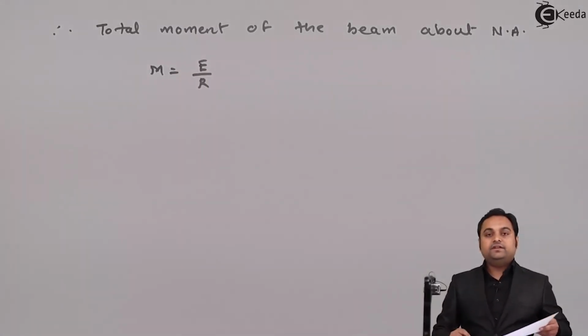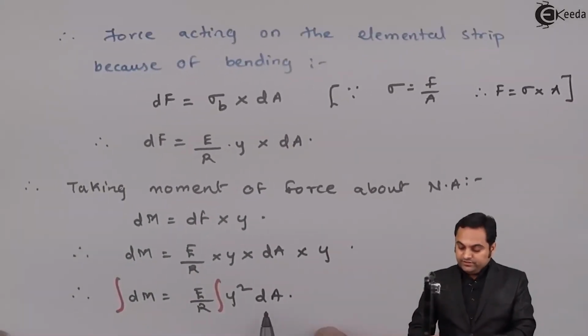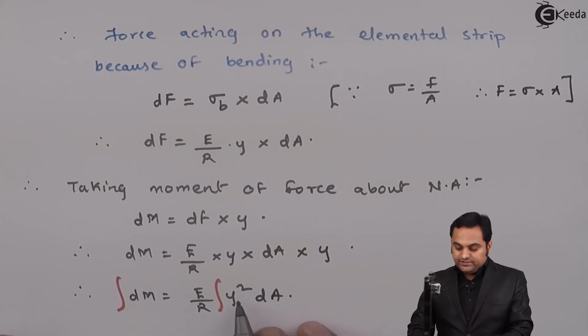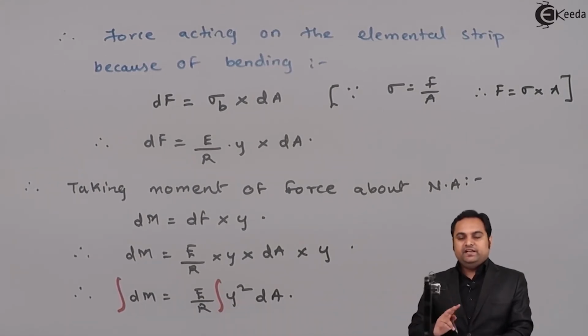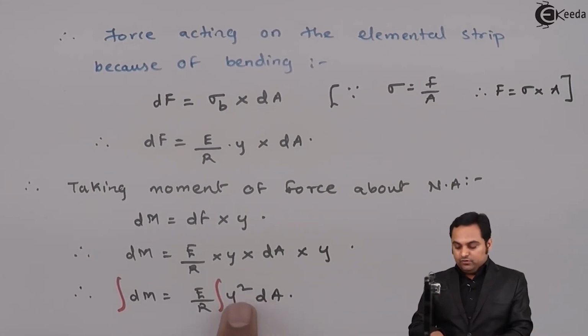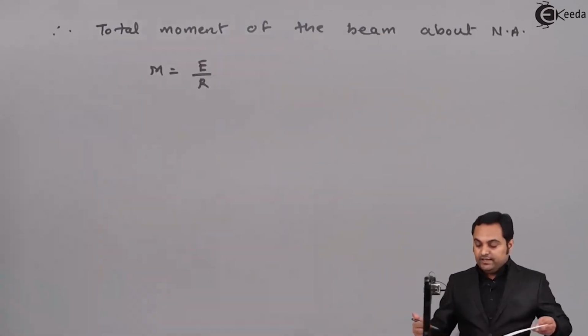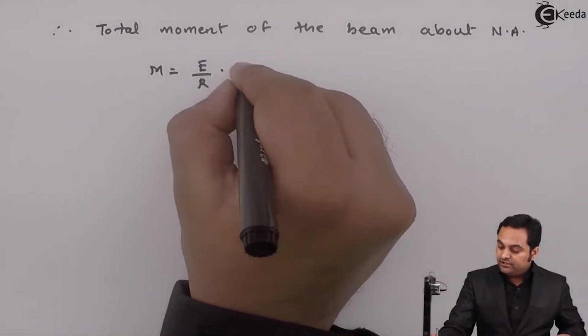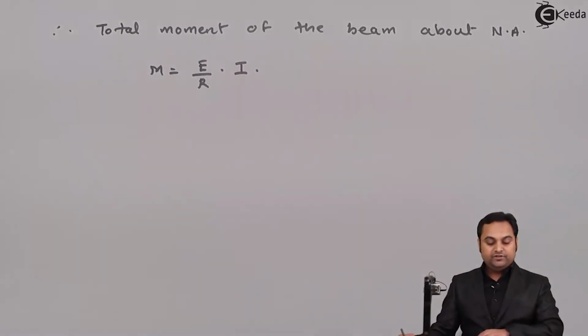Now one thing interesting here is this is area and distance square. So area into distance square, that is called as the second moment of area because distance is y, and when I'm taking the distance twice it becomes y square, and y square into area, that is called as the second moment of area, and second moment of area is nothing but I, which is the moment of inertia.